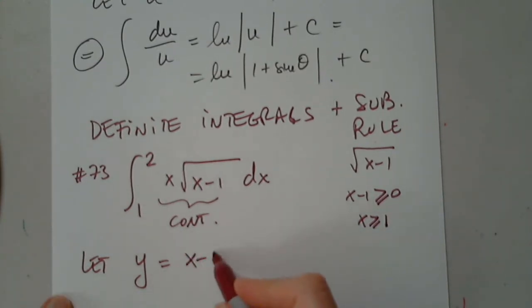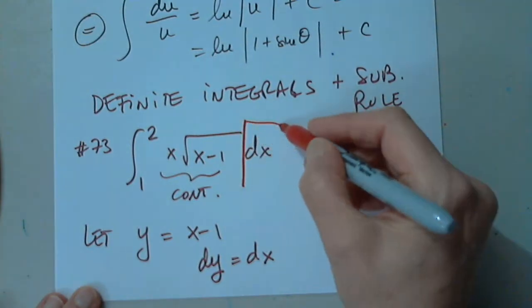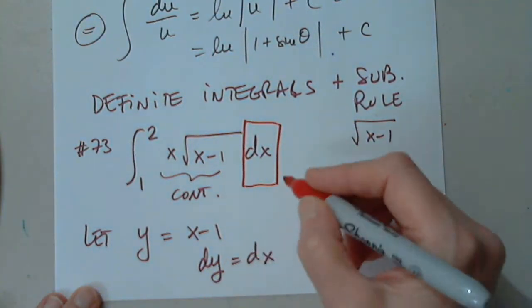Yes. This is very nice because it happens that dy equals dx. Ah, and you can say, well, what did you accomplish here? A lot. So this will be replaced by dy. Fine.